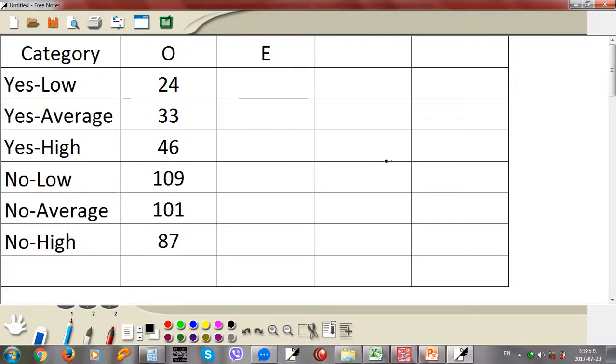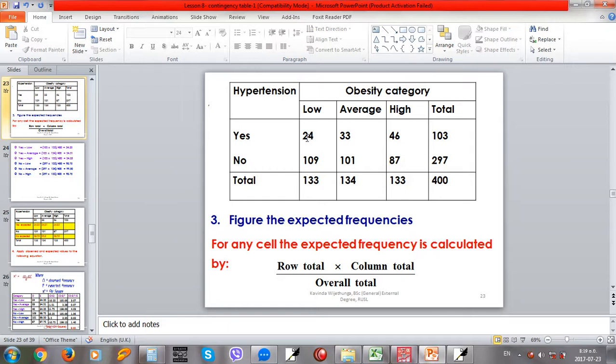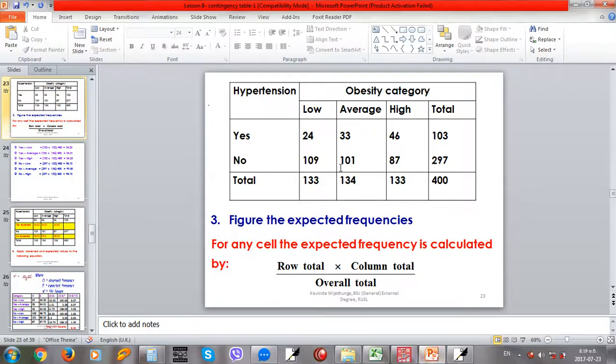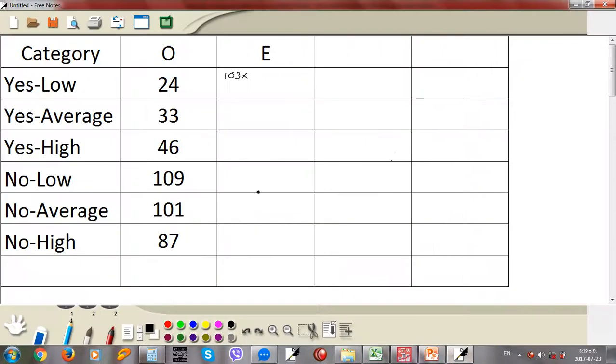Now we can calculate the expected values. Here we need to find the expected value for yes slow 24. It means this one, 24. What is the row total? 103, multiplied by the column total, 133, divided by the grand total, that is 400.